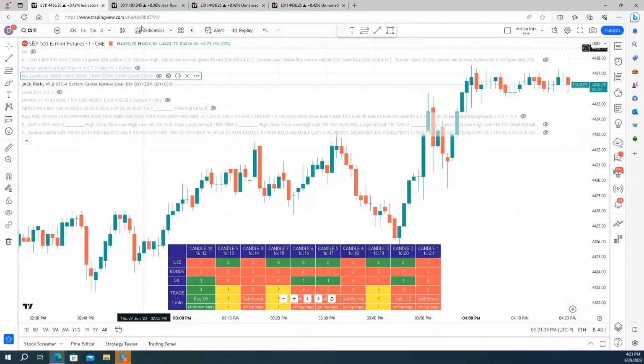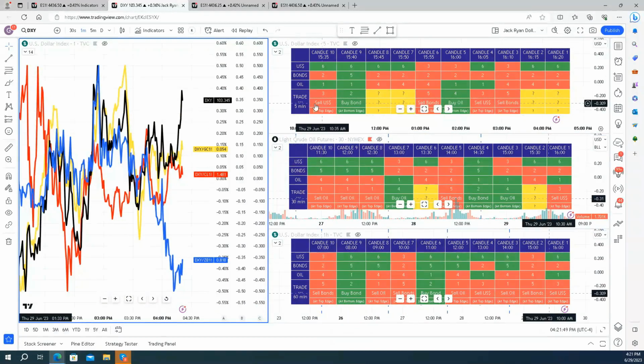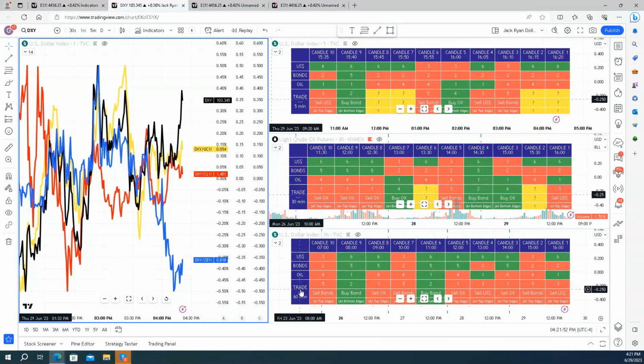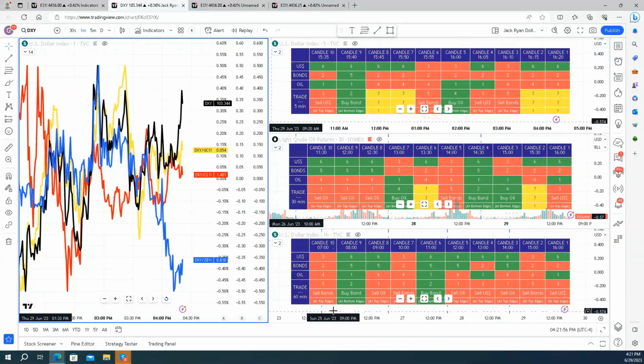So what I do when I put it on my charts, I have a chart such as this. I have several charts, but this one where I put on a 5-minute chart, a 30-minute chart, and a 1-hour chart. And as you can see, it'll tell you what you're on: 5-minute, 30-minute, 60-minute. And it'll tell you what each candle is producing as an outcome.